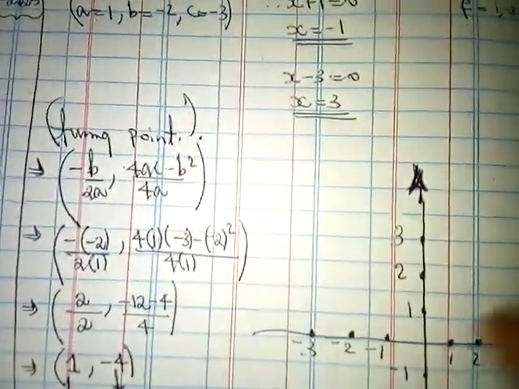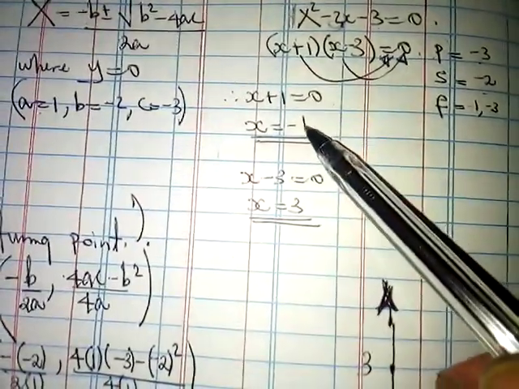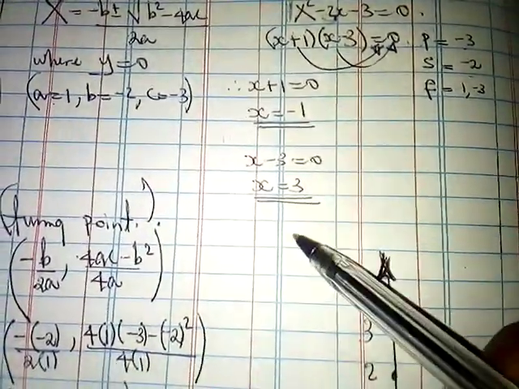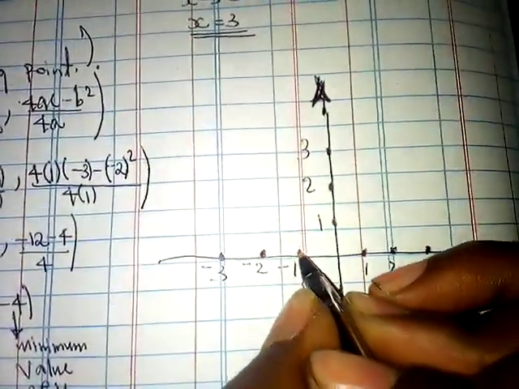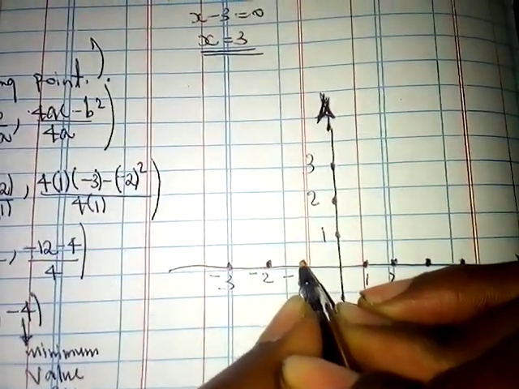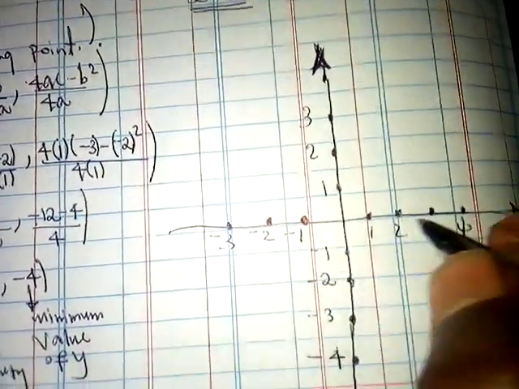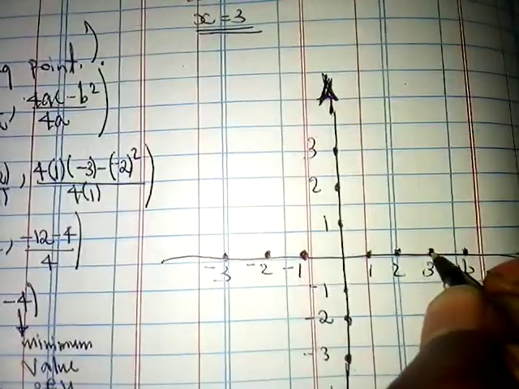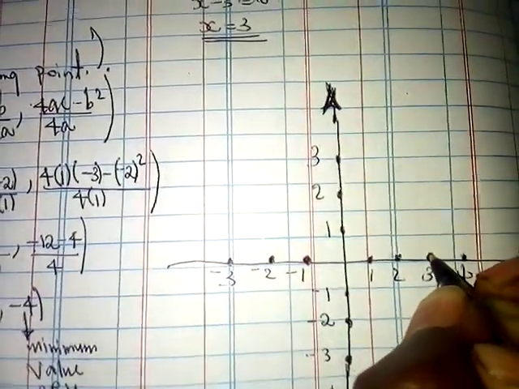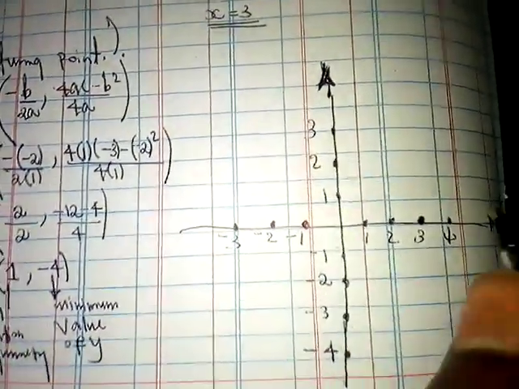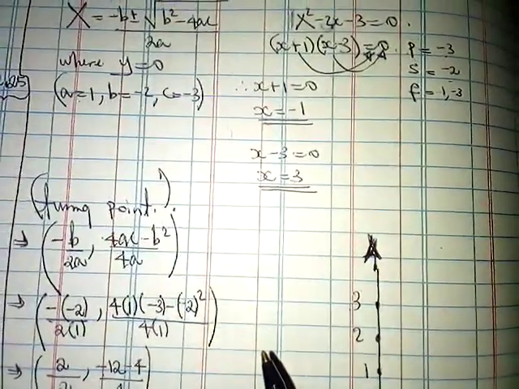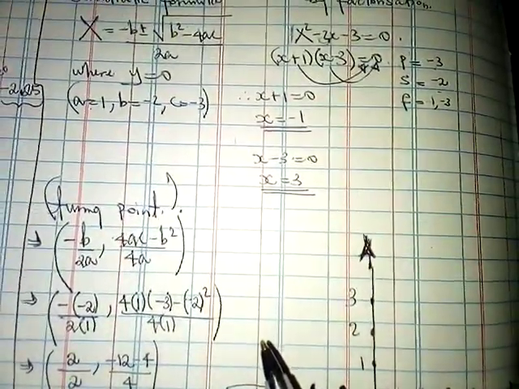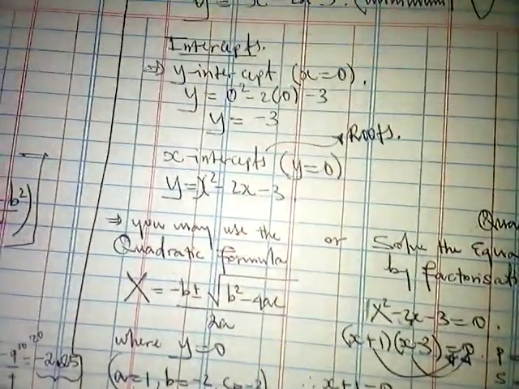Okay, let's identify our intercepts: -1, +3. Your y-intercept is going to be -2, I believe. Is it -2?